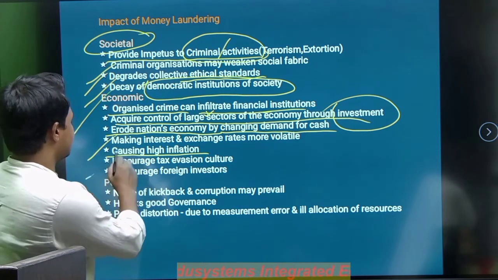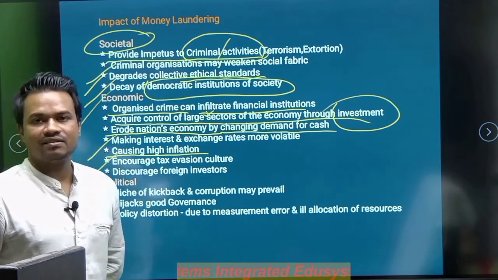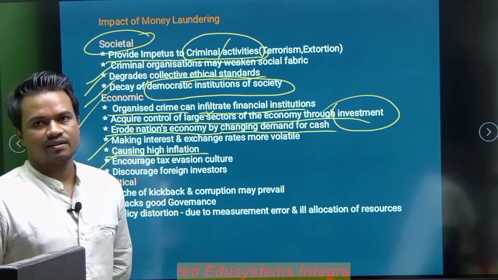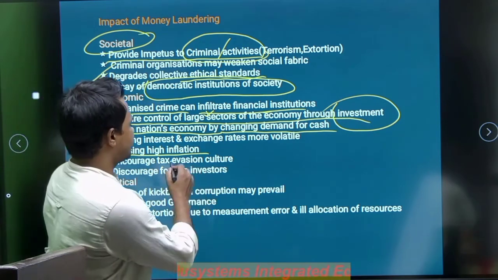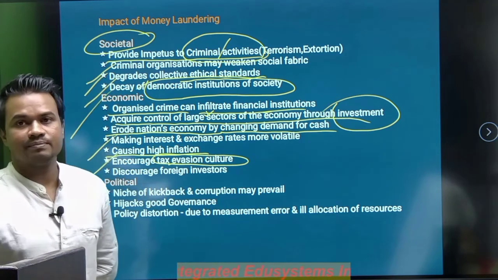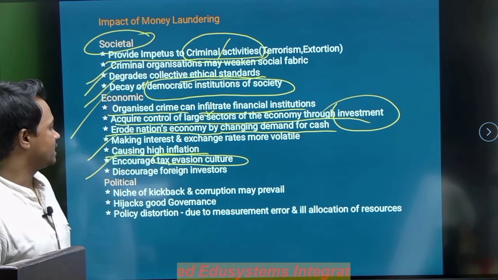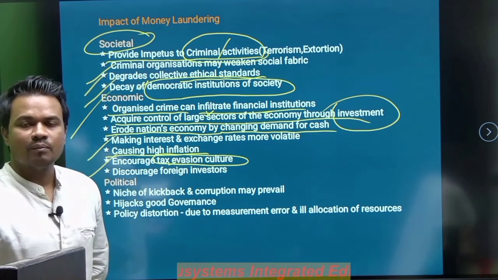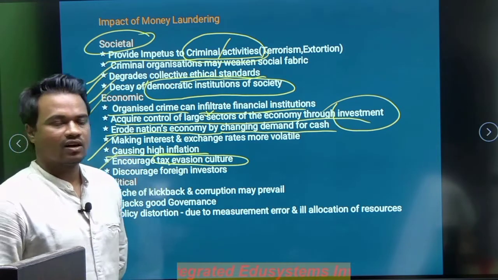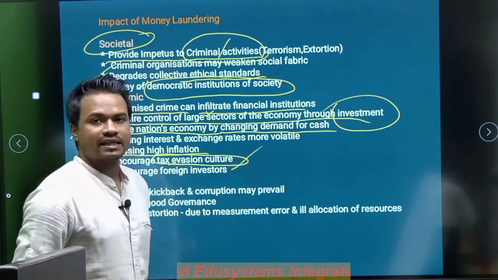And the next, it encourages a tax evasion culture. A black money culture will develop, and that may be a future repercussion of money laundering, that people will try to avoid their duty to submit their taxes.